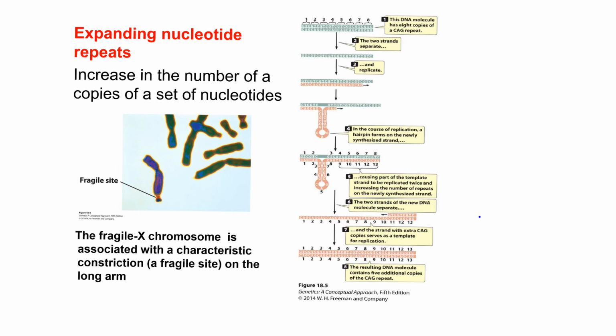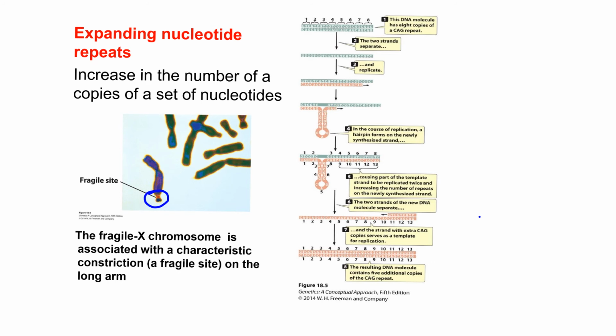One of the best studied disorders which results from expanding nucleotide repeats is fragile X chromosome. This is associated with a characteristic constriction on the long arm of the X chromosome, which represents a fragile site.